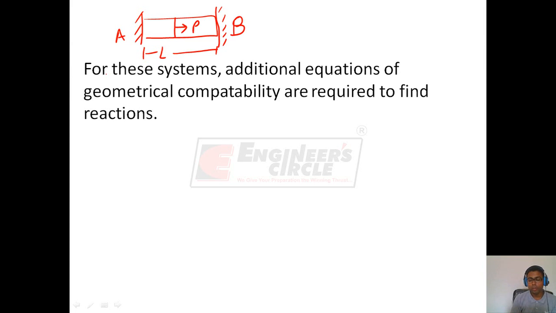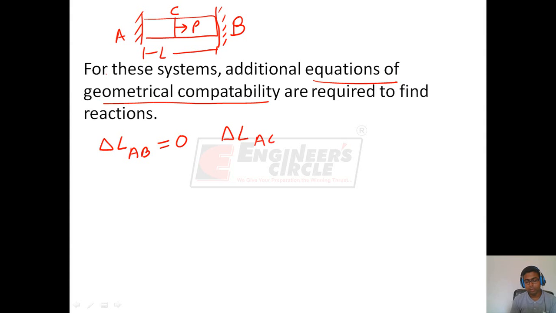Therefore, the equation of geometrical compatibility in this case is that the elongation in bar AB must be equal to 0. That is, the length of bar AB must not change because of the application of axial load P, because this bar is fixed from both the ends. Considering section C where the load P is applied, we can say that the elongation of bar AC plus the elongation of bar CB must be equal to 0.